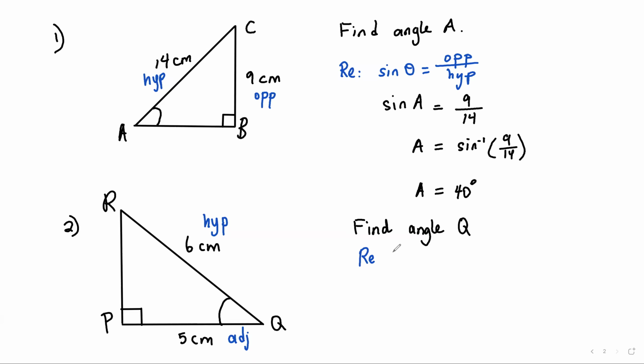Adjacent over hypotenuse is 5/6. But which ratio is that? Cosine. Yes. So cos of theta is adjacent over hypotenuse. Cos of Q would be what? 5/6.